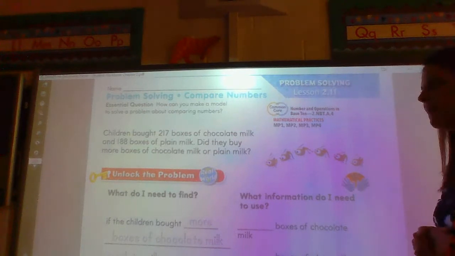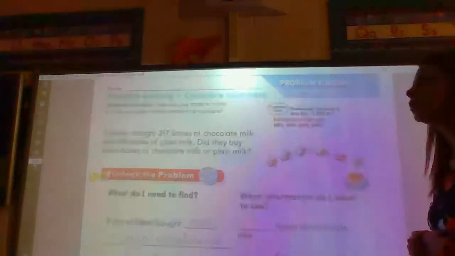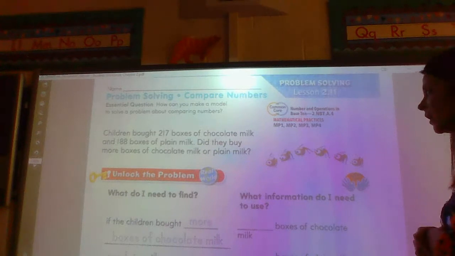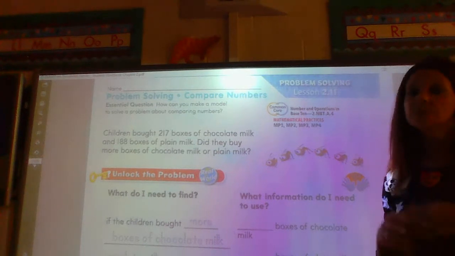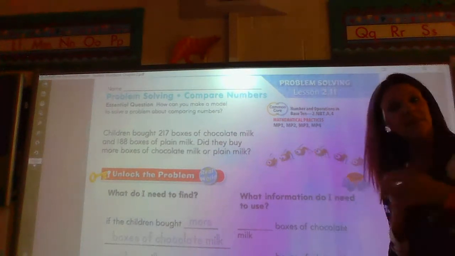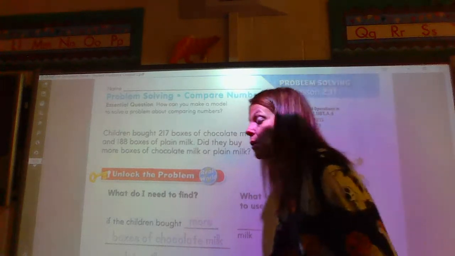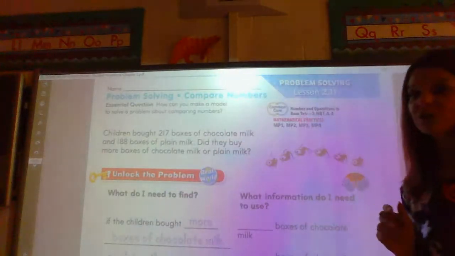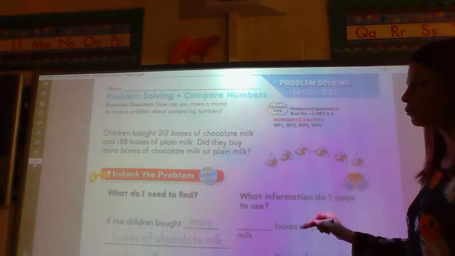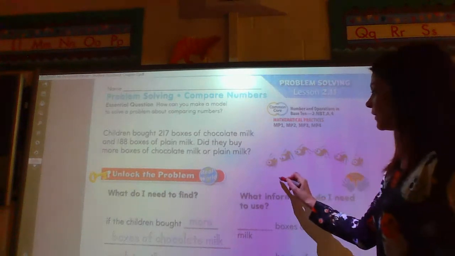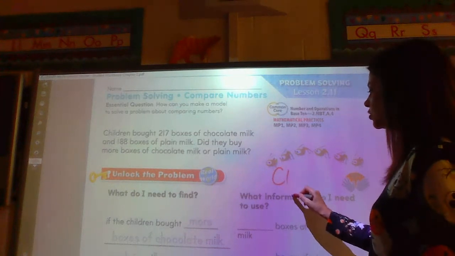Did they buy more boxes of chocolate milk or plain milk? Well, I see that this is a word problem. So I know I need to use my helper, which is CUBES. So I'm going to write right over here, CUBES.